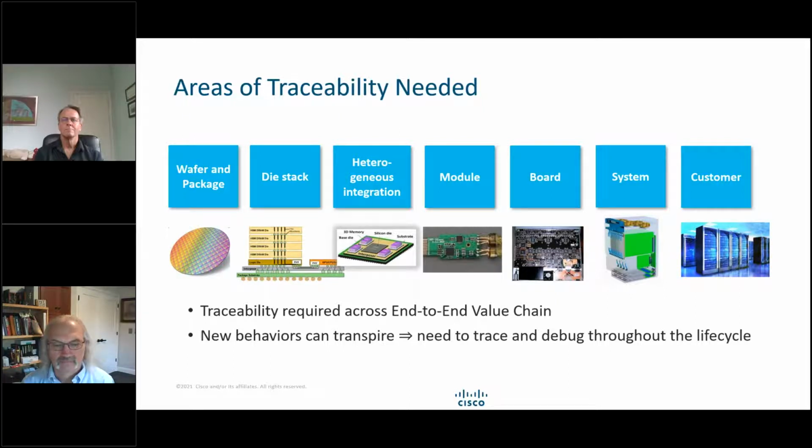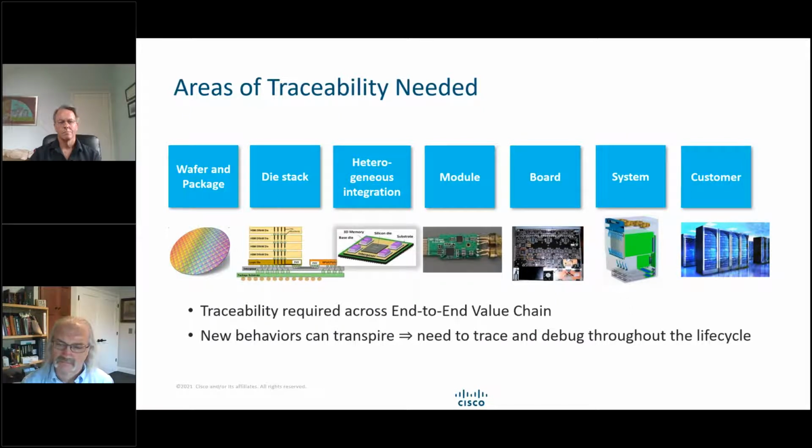And I put it, new behaviors can transpire, and you need to be able to trace and debug throughout the life cycle. Just because you tested a wafer and said my die passed, we see so much in the industry these days the known good die syndrome: yeah, it was fine at wafer sort, but as soon as I put it in my product and it started communicating with other dies from other suppliers on that board under a specific power, temperature, voltage condition, then I start to see a marginal die.